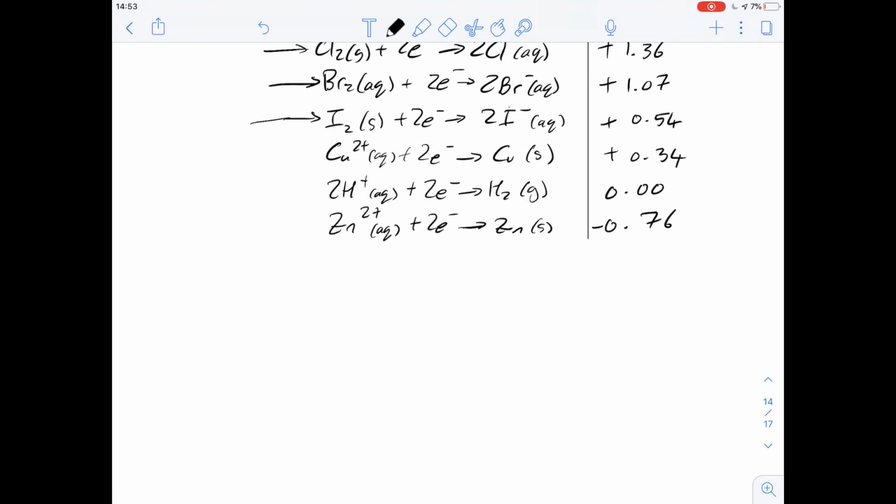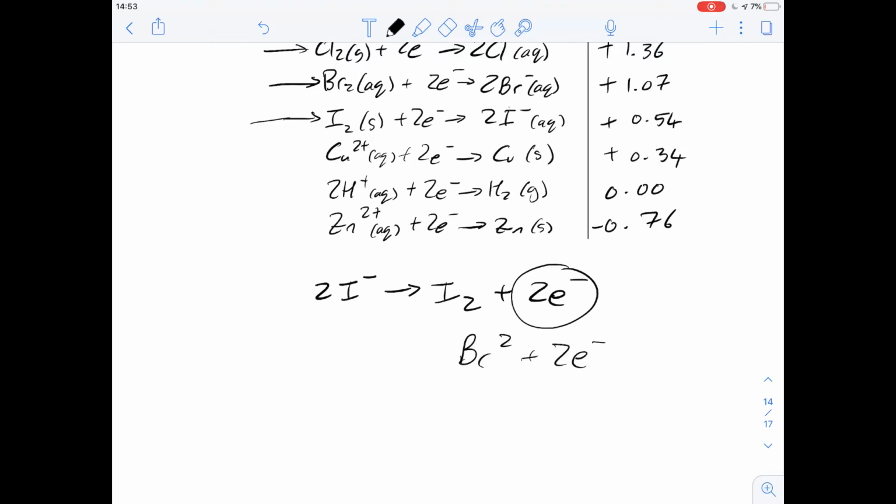So we would get this reaction happening. These two electrons will go onto the bromine and you get two bromide ions here. This will be oxidation of the iodide ions, or reduction of the bromine.